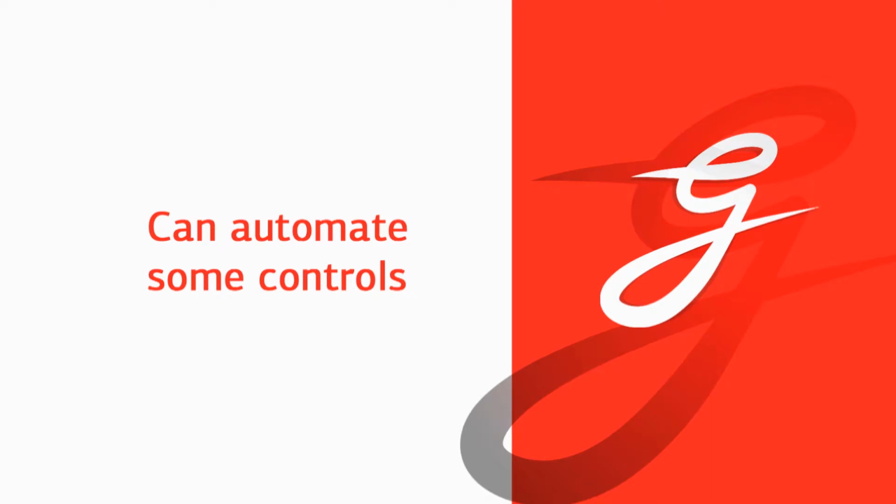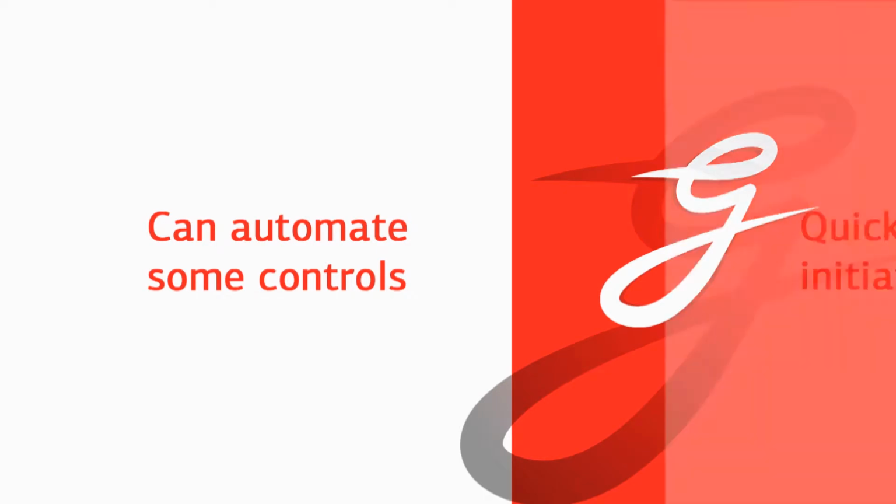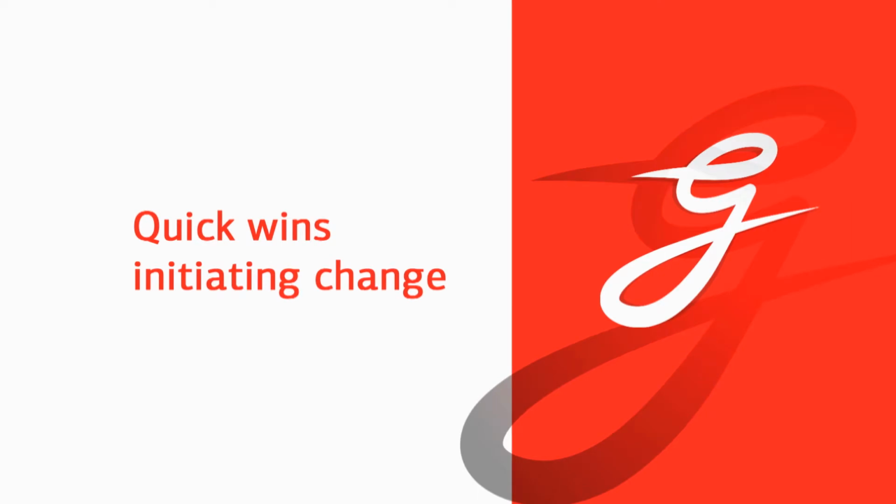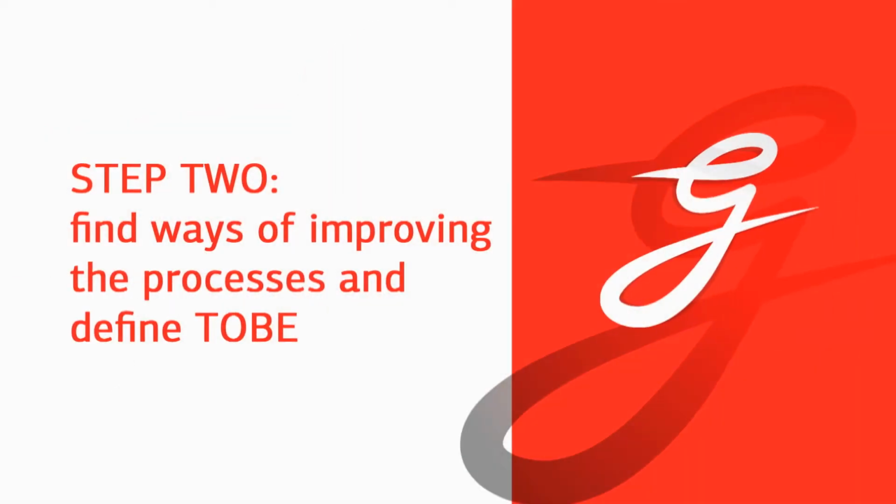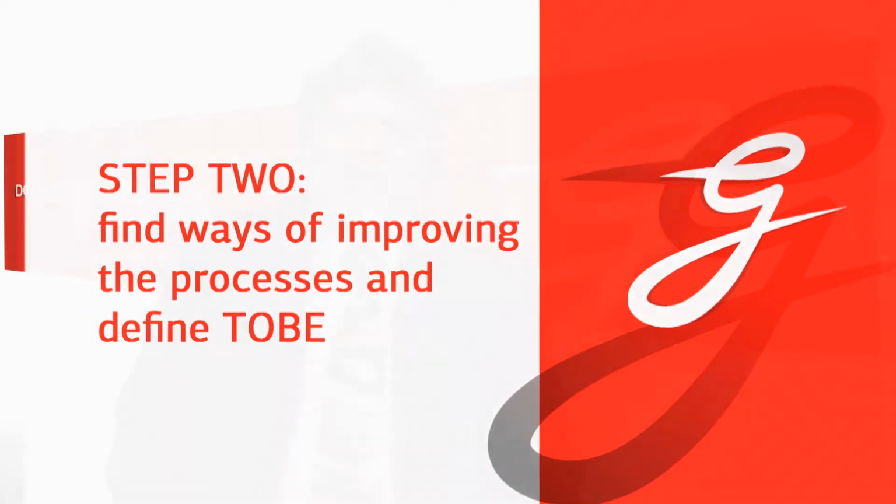Basically, we can understand what can be the quick wins if we initiate some change. So step 2 is to find those places within those processes where we can make some improvements, and we can already draw a vision of the TO-BE situation. This is what we would like to see in the future.